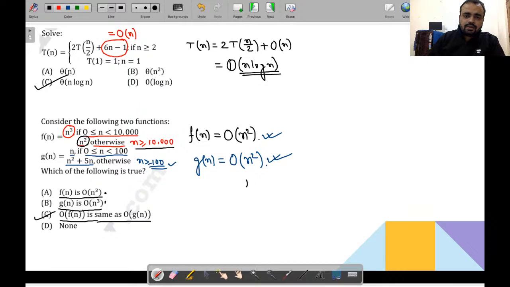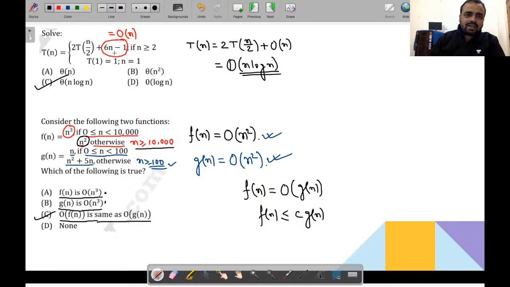See, मैंने आपको पहले भी बताया था, अगर कहीं पर भी दिया हुआ है f of n is equal to bigo of g of n, what does this mathematically represent? That the f of n should be less than equal to c into g of n.